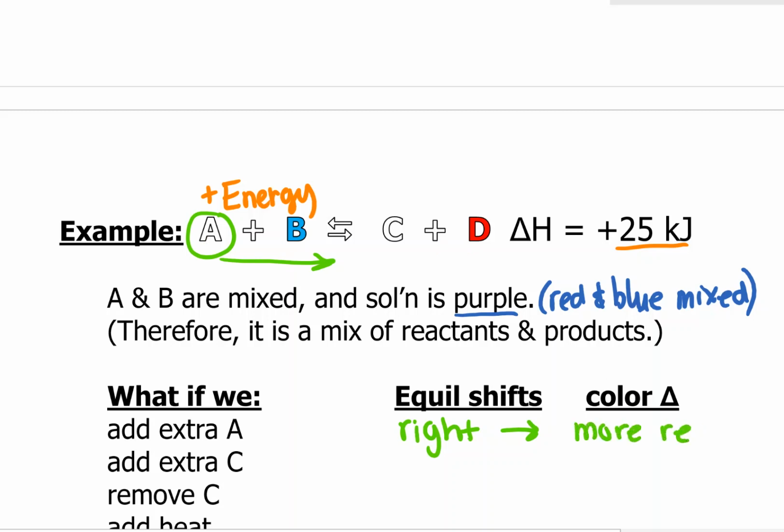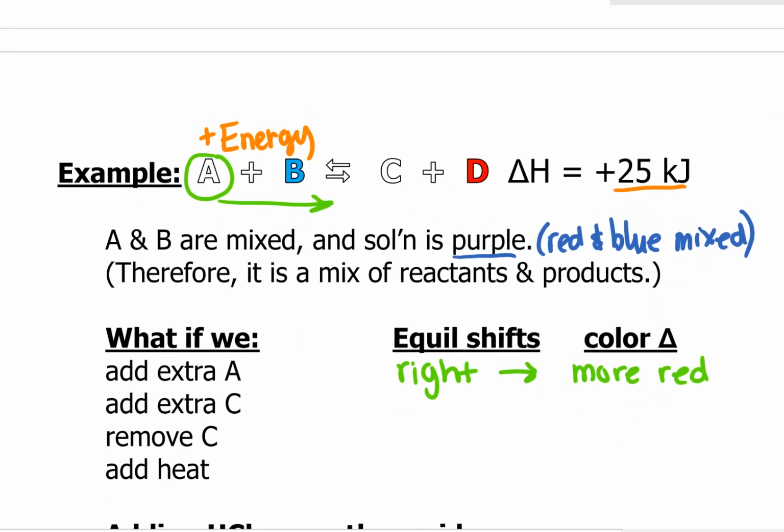It may just be a more red-purple, but it may be totally red. If we add more C, so we've got our solutions and we're adding some more C to it, to get rid of more C, it'll shift to the left, and that will make it more blue.